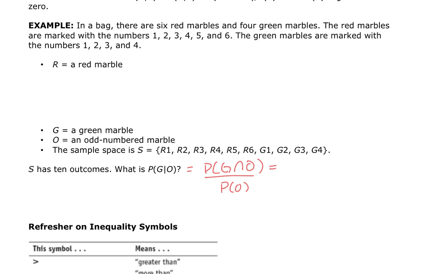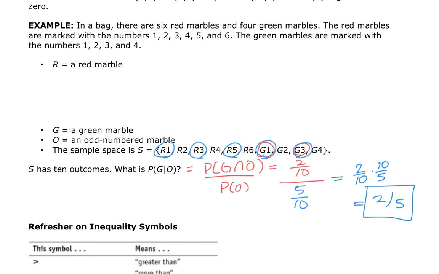So we already know the probability of the green given the odd, which we did up above, but we can do it again. So it's 1, 2. So the probability of green and odd is 2 out of 10. And then the probability of odds, well, I have 1, 2, 3, 4, 5. So I have 5 out of 10. And so this becomes 2 out of 10 multiplied by the reciprocal of that bottom fraction, the denominator fraction. So that's 10 out of 5. And so my answer is 2 out of 5. And that's my probability of choosing a green one given that you've already chosen an odd one.